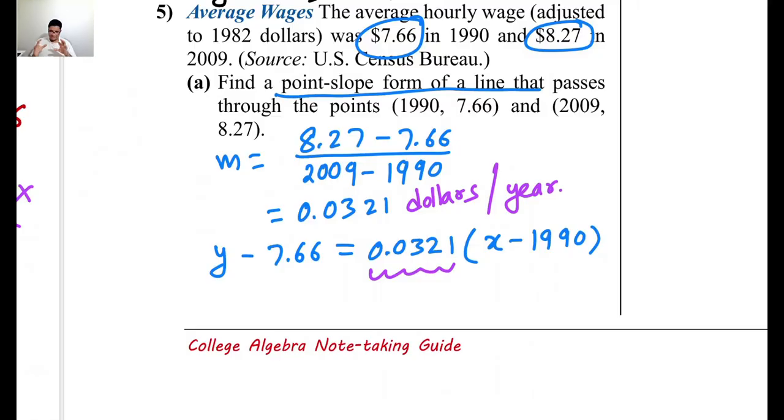Not quite that way to put it. The best way to put it would be the hourly wage increased by $0.03 every year. That's the better way to put it, which is what? 3 cents. 3 and a decimal cents, 1/5 of a cent.